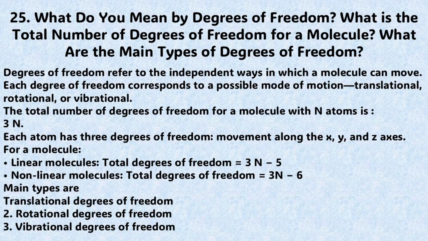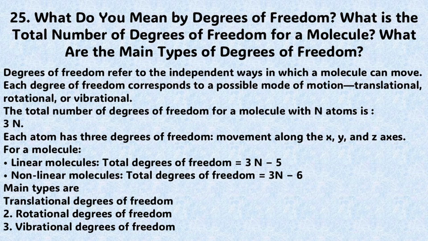Each atom has 3 degrees of freedom, movement along the x, y, and z axis. For linear molecules, total degrees of freedom is equal to 3n-5. For nonlinear molecules, total degrees of freedom is equal to 3n-6.